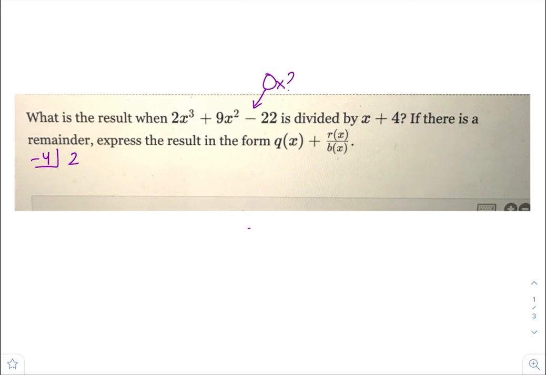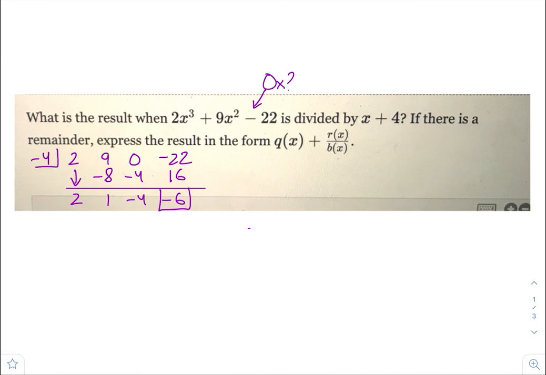So we have to put a coefficient of 0 in front of that. So 2, 9, 0, negative 22. Drop the 2, 2 times negative 4, negative 8. Add 1, 1 times negative 4, negative 4, add negative 4. Negative 4 times negative 4, 16, add negative 6.